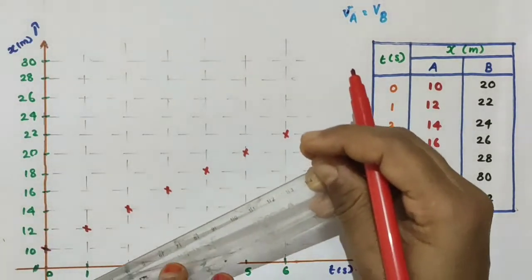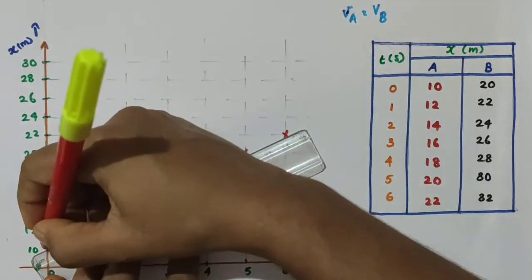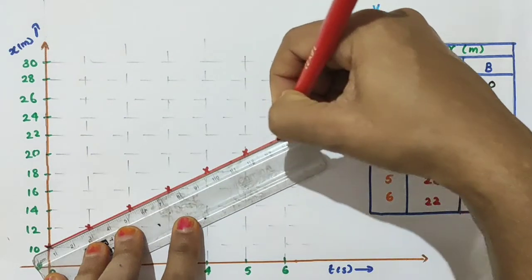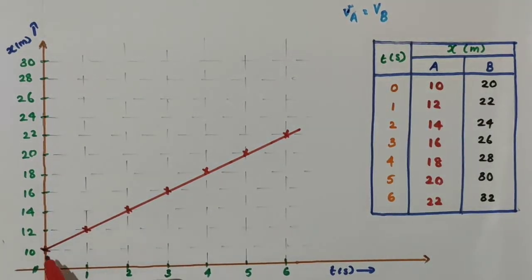When we join all these points, I am using a scale, and you see we are getting a straight line like this, starting from this axis.